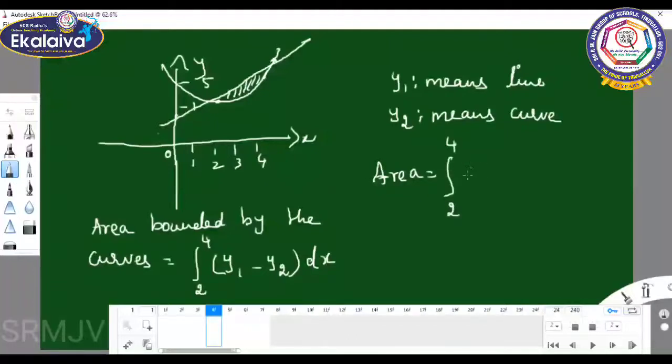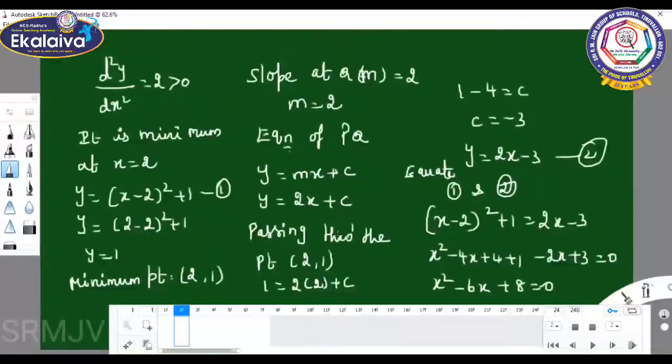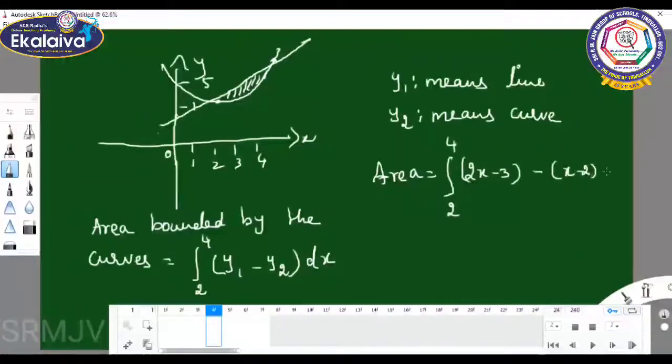So line is nothing but 2x minus 3. The curve is (x minus 2) the whole square plus 1. So integral 2 to 4, (2x minus 3) minus (x minus 2) the whole square minus 1, into dx.